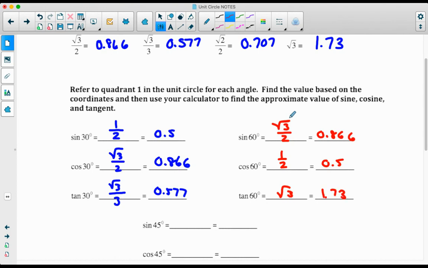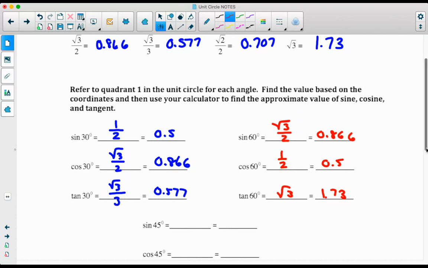When you look closely at those two columns, what do you notice? Hopefully you're noticing that the sine of 30 and the cosine of 60 are the same, and the cosine of 30 and the sine of 60 are the same ratio equivalent. And that is not a coincidence. Those functions are called cofunctions, and they do have a relationship, 30 and 60. They're complementary angles, so your sine and your cosine ratios will have reversed values. That's why they're called cofunctions.